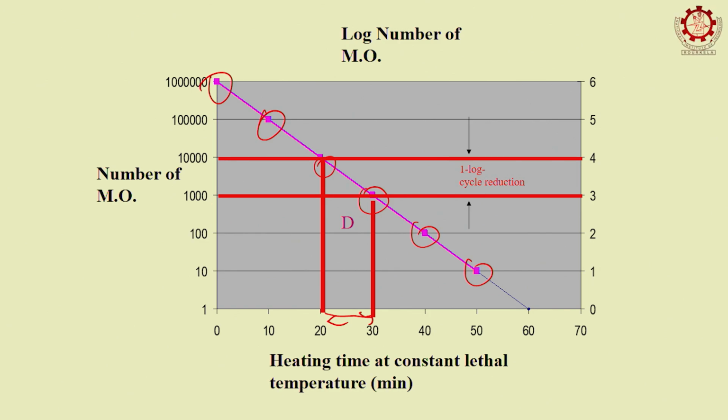This is the heating time, how much time you are heating the food at constant temperature. It is much easier to do in the lab environment, because in the lab you can maintain temperature and everything constant, whereas when you do it at industrial scale it is much more challenging. That is something we will probably talk about later.